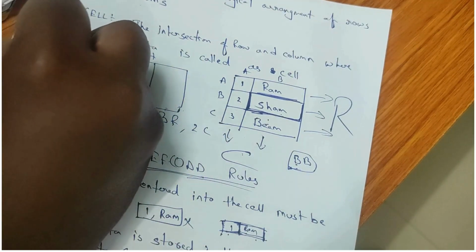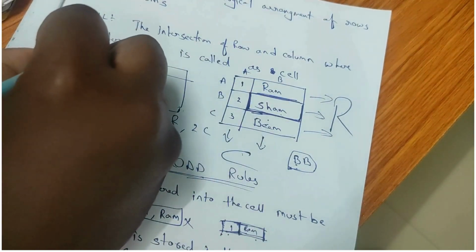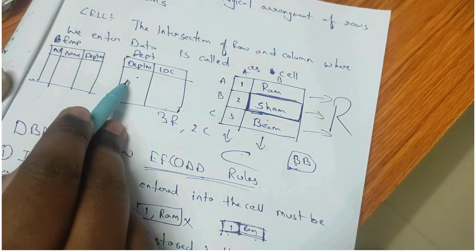Here, employee number, name, department number, and department number in the other table.